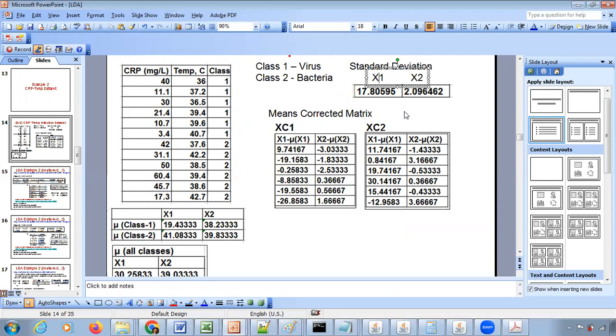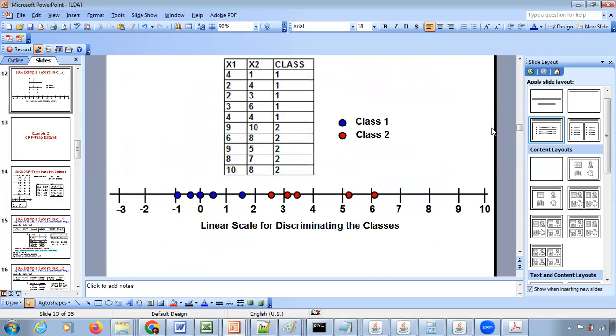So reasonably different. As I said earlier, LDA assumes that the features have the same variance, but if they have different variances like this, you can still use LDA. It's not that LDA cannot be used. The only thing is you may not be able to see a clear separation of the F values of the two classes.